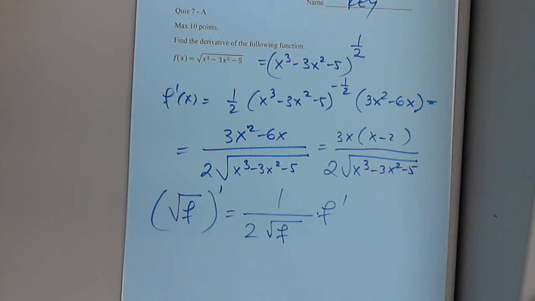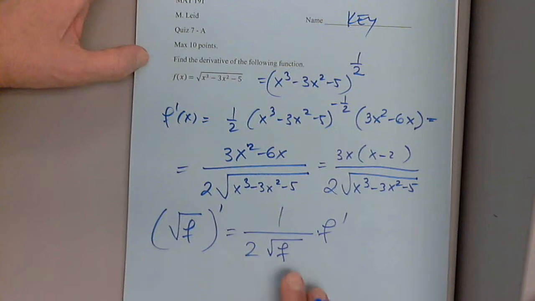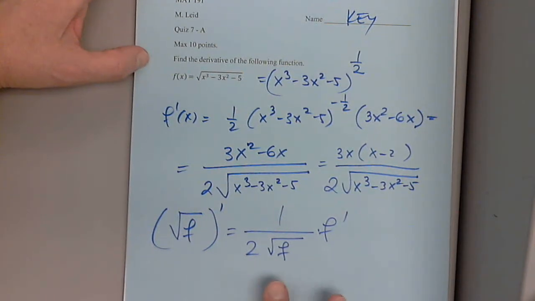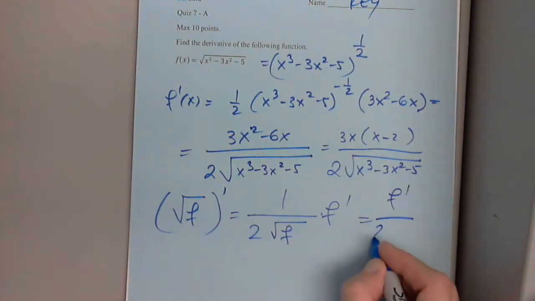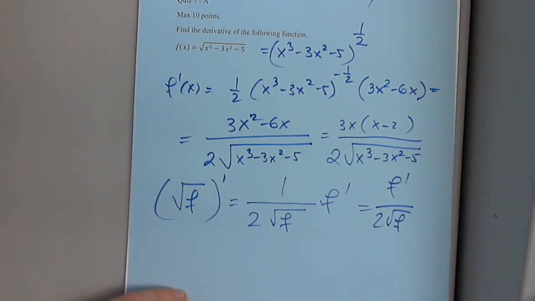If it's the cube root, then it's a different story, sort of. I recommend changing it into a power. If it's the 4th root, change it into a power, just not to get confused. But this is the formula that we are looking at, and of course, you can rewrite it as f prime over 2 the square root of f. So this is not a bad idea to have handy.